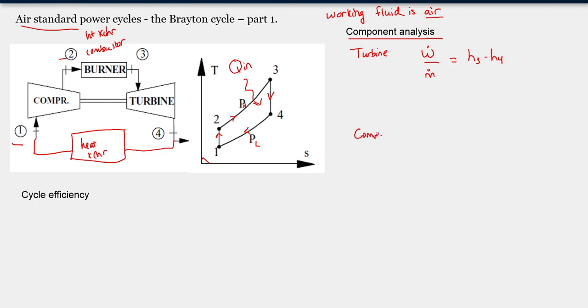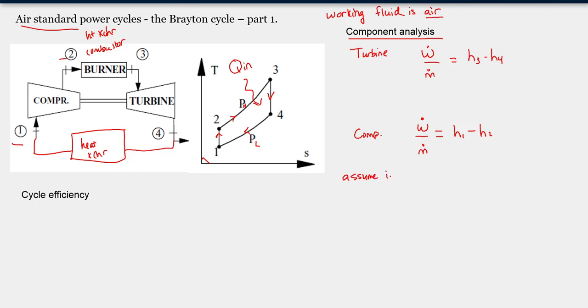We can do the same thing for the compressor. And again, in the Rankine cycle, that would be the pump. But it serves the same purpose. So that's going to be the enthalpy at state 1 minus the enthalpy at state 2. Now, if we invoke the ideal gas law, and we assume that we have constant specific heats, so let's write that down.